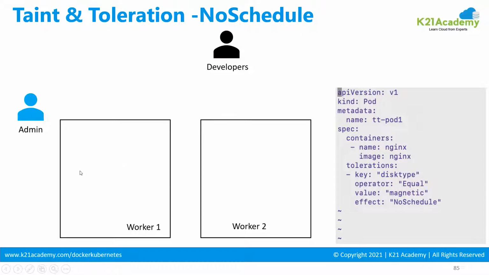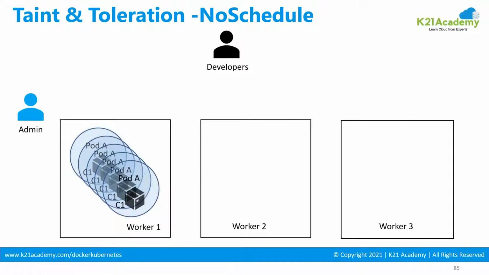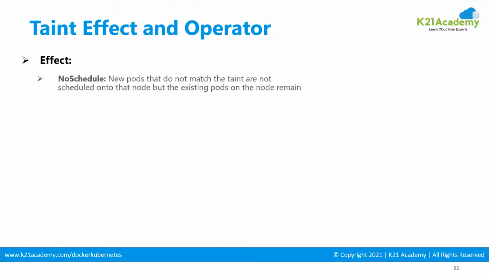So tolerate this pod, even though there is a taint. That is the meaning of this particular definition. So what will happen when the pod gets created? It will get created on worker1 also, even though it is tainted, because it matches the toleration condition. That is the meaning of toleration, guys.